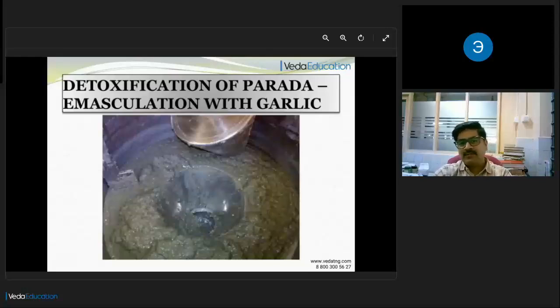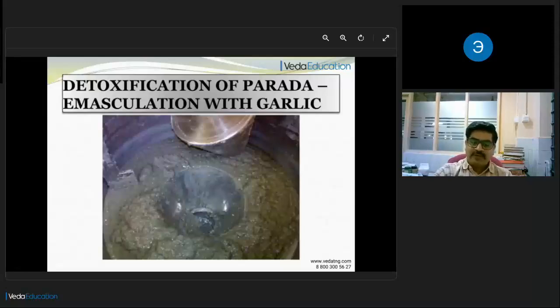In this picture it is shown the grinding of the mercury along with the garlic.